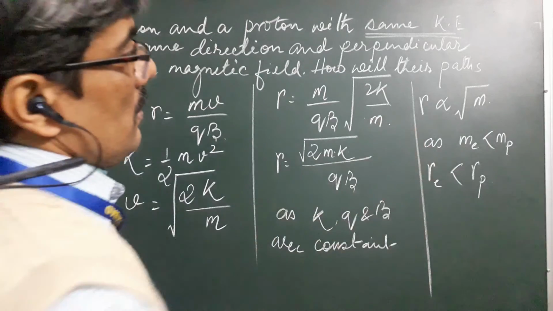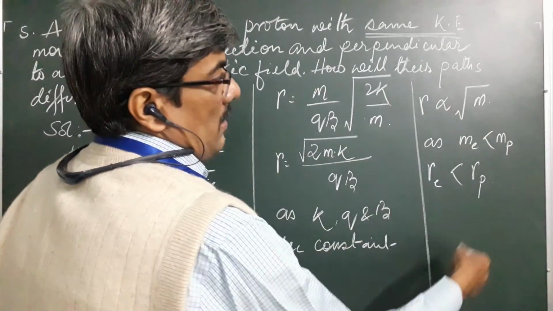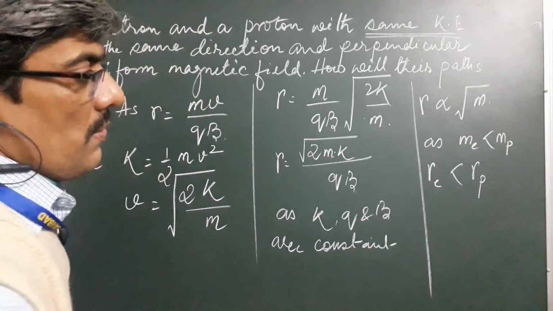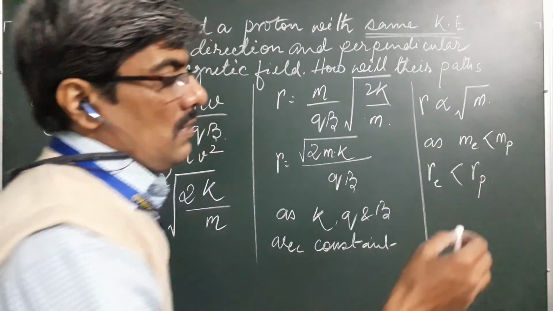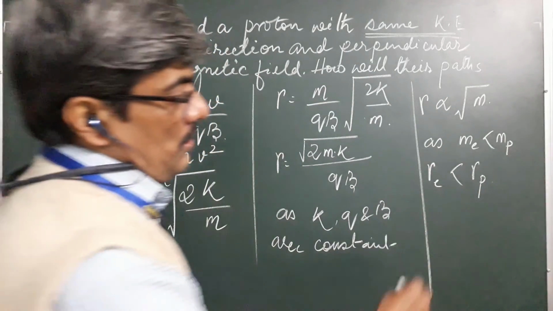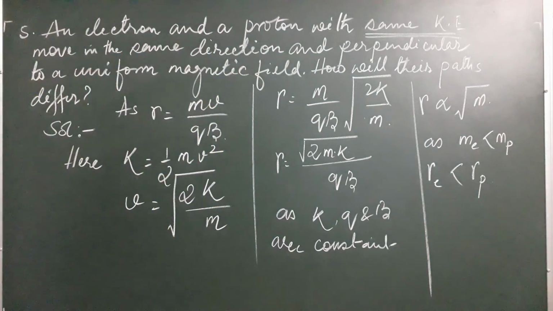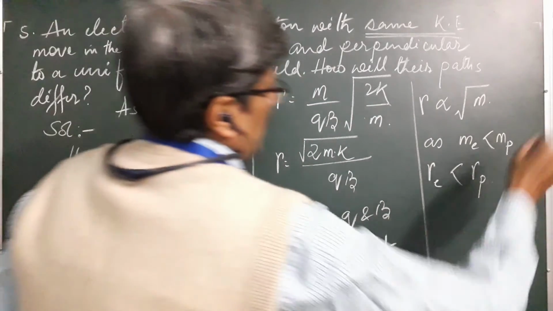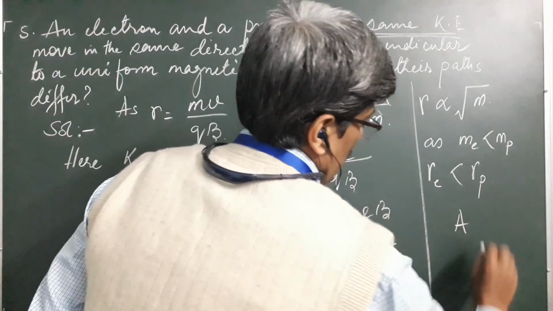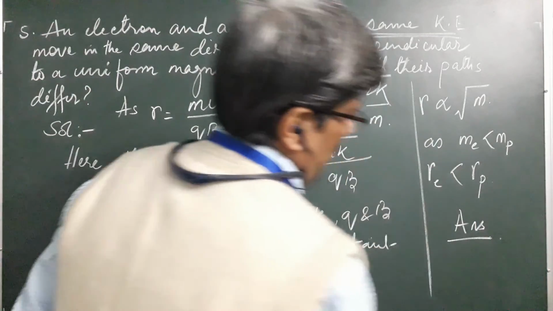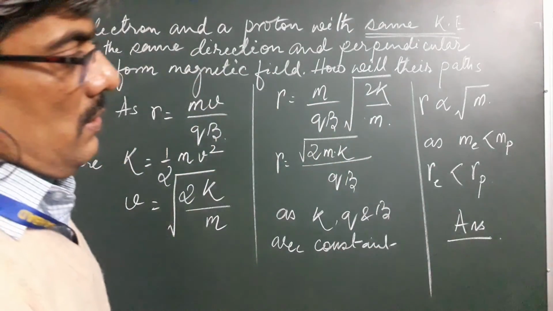And if we compare their paths in terms of radius, the radius of the circle in which the electron shall move shall have a lesser value compared to that of the proton. So it will have a smaller radius of motion. This is the answer.